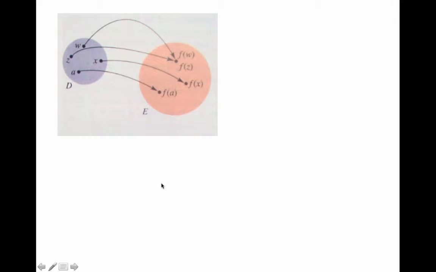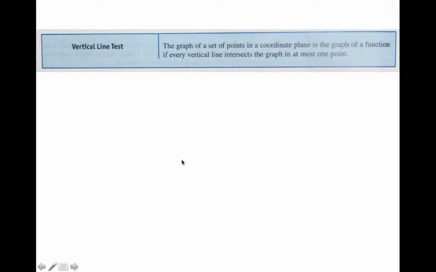So, like I said, we see that here with the vertical line test. We're going to go back to that last slide in a second, but you can check that definition with the vertical line test. The graph of a set of points in a coordinate plane is the graph of a function if every vertical line intersects the graph in at most one point.